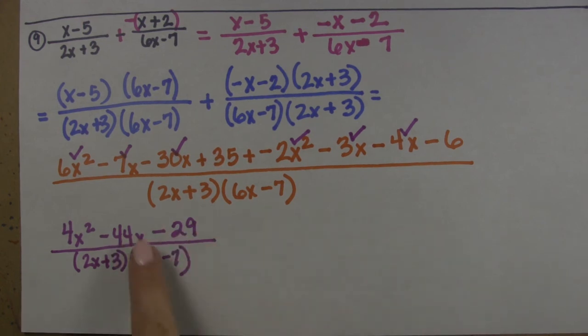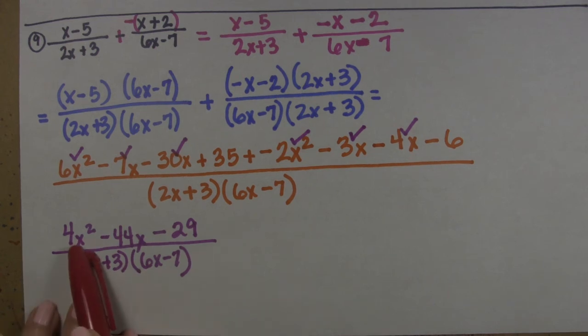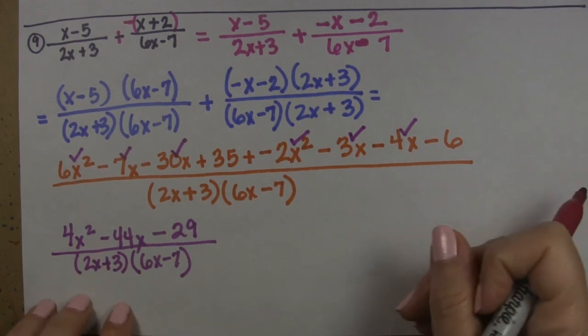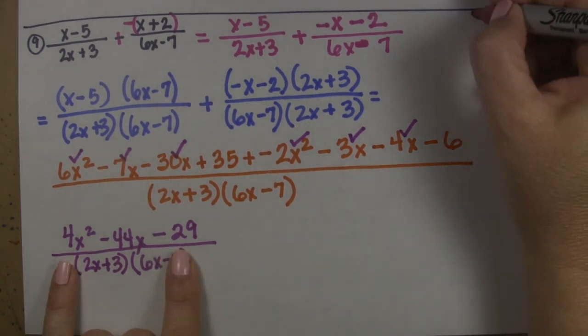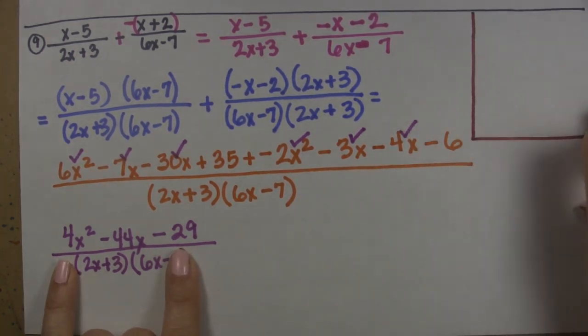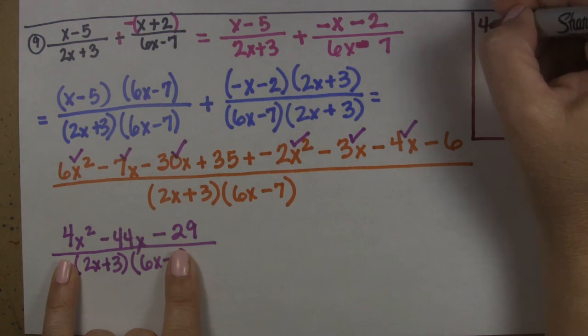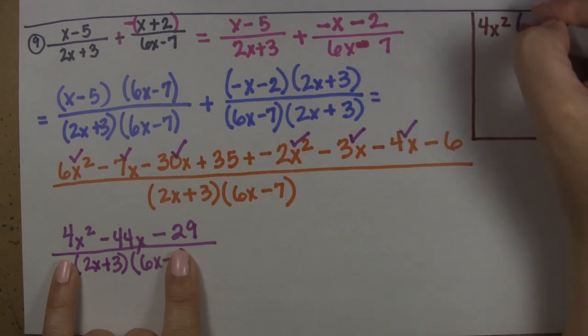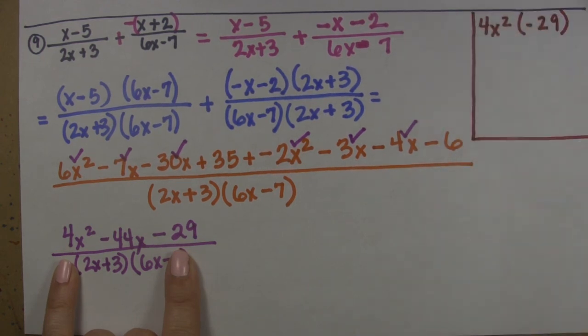Okay, so now we have a quadratic equation that needs to be factored, but we have an ugly coefficient, which is just a bummer, isn't it? So let's come up here and let's make our little ugly coefficient calculation. 4x squared times negative 29.